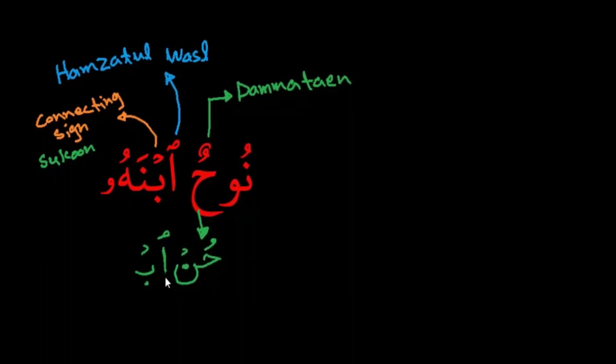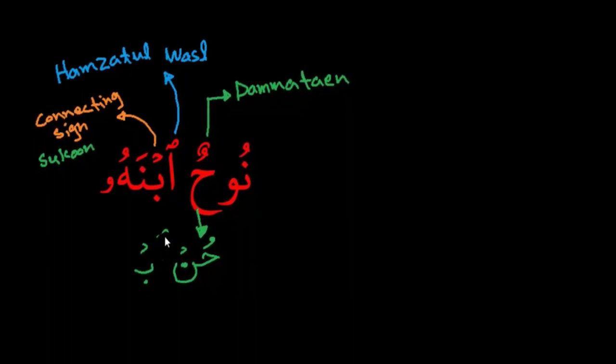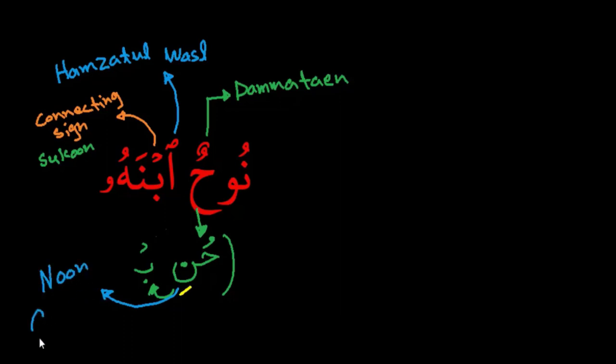So this alif remains silent because it's coming in the middle. We can hide that to make it more simple, and after that we are going to convert this sukun sign into a kasra. So hun becomes huni, and the ni sound now is going to connect with the letter ba. This part becomes hunib, and the noon we have expressed, as you already know, is Noon Qutni.